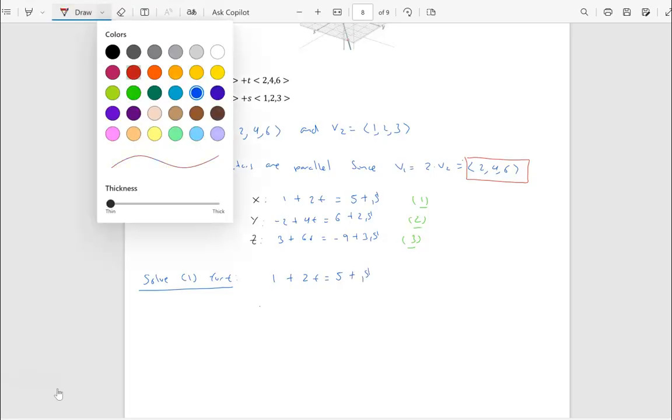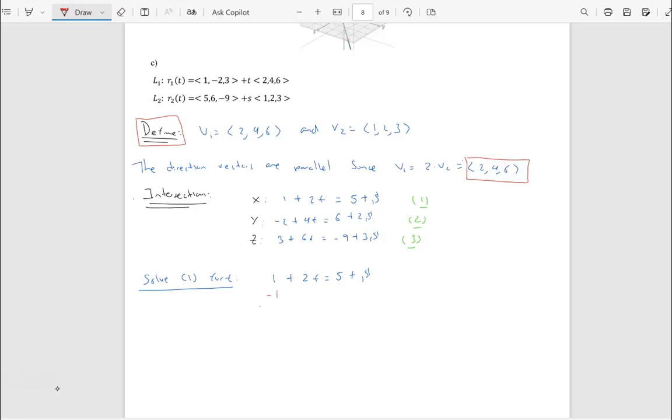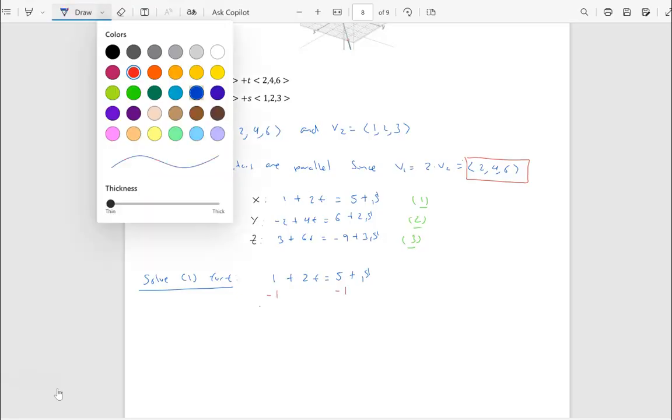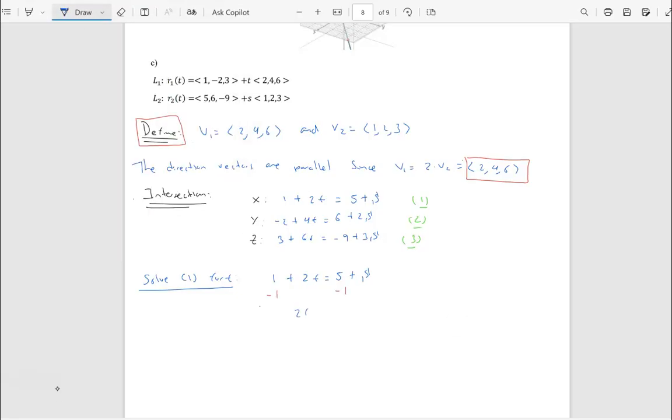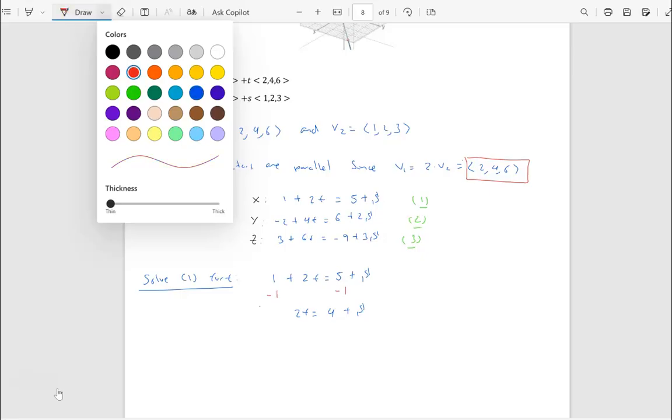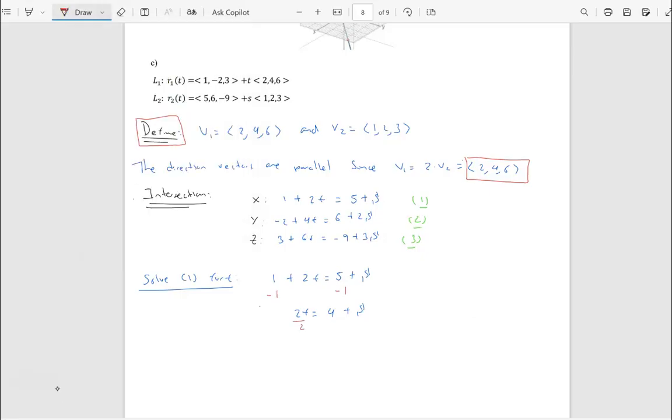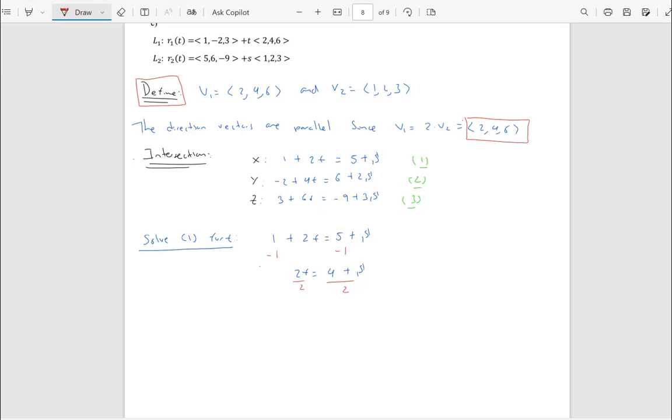Let me start with subtracting 1, and then we have the values of 2t. So 2t is equal to 4 plus s. And let me divide by 2. It's going to create fractions, which is what I was trying to avoid. But in this case, you're going to end up with 2 plus the values of s divided by 2.